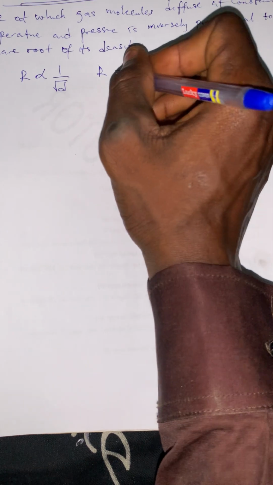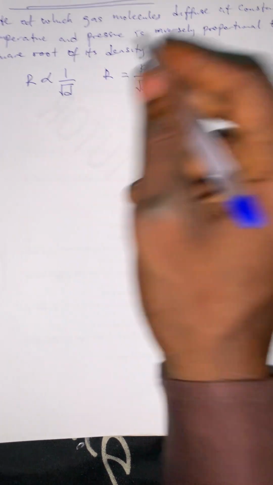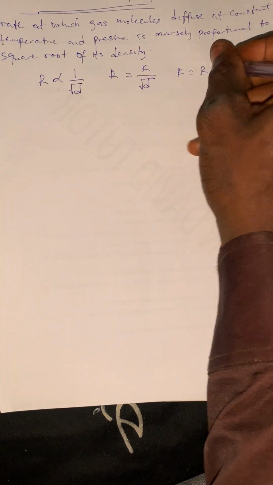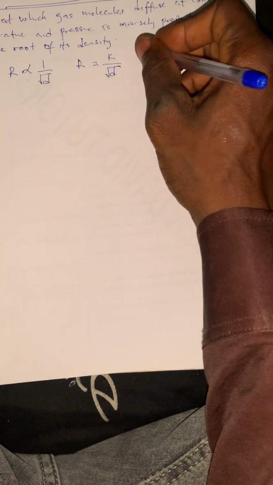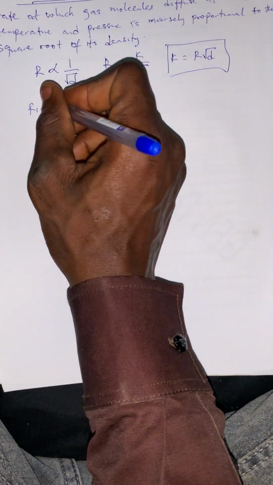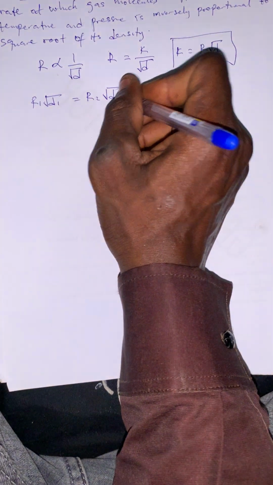Now, if this happens, don't forget that r becomes k over the square root of d. When we remove the proportionality constant, then k will be equal to r times the square root of d. And if it is more than 1, we have r1 square root of d1 equal to r2 square root of d2.